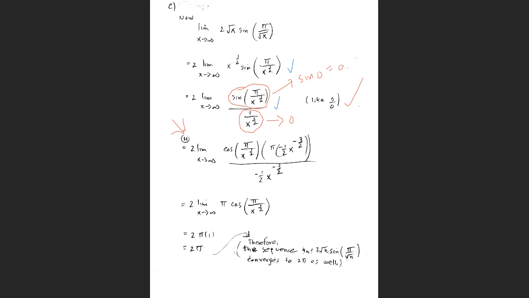And you take the derivative of the top function and the bottom function, which I did here. And then you do a little simplification, and therefore you'll see that the limit equals 2 pi. Therefore, our sequence converges to 2 pi as well.